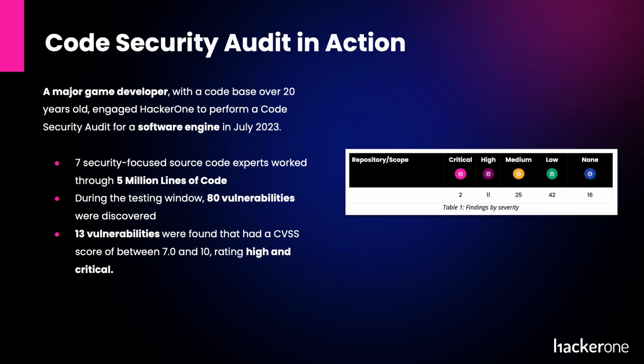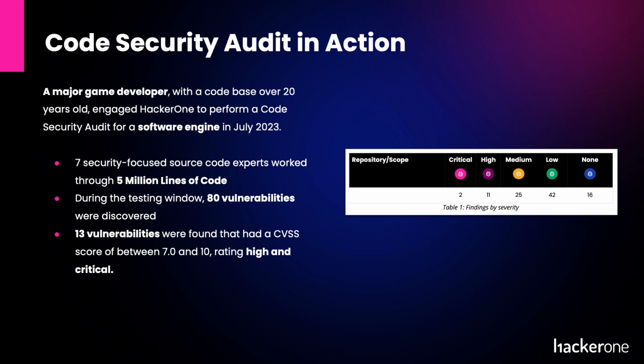So in the same way we do with Bug Bounty and all of our other services, we will crowdsource experts within each individual field. So let's say you need Node.js experts or TypeScript, C++, C#, whatever it is you're using. In this instance, we found 7 security professionals within our community, of our code review community, and the customer identified 5 million lines of code.